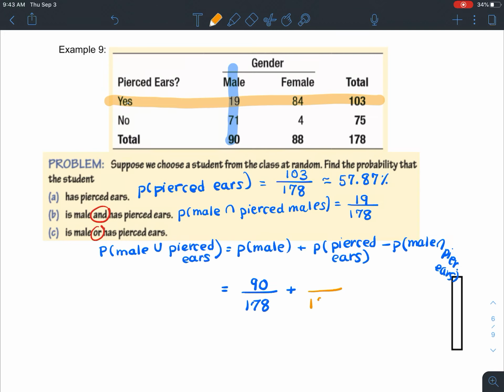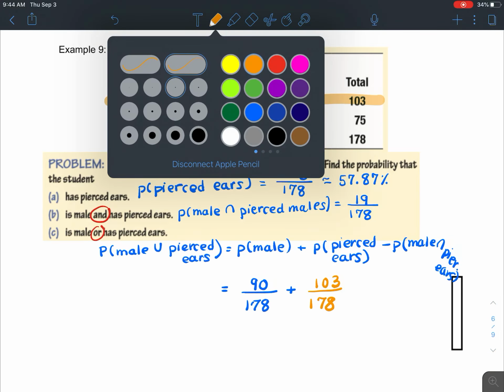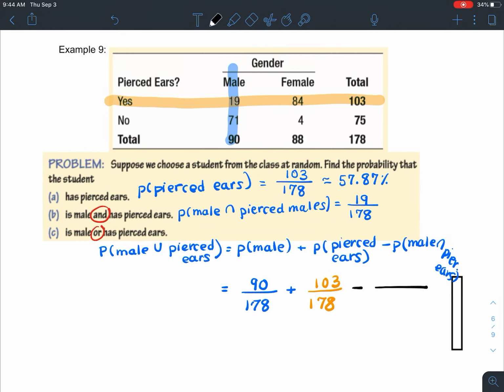Okay, now we want to shift to what is the probability that you were to pick someone at random and they had pierced ears. Well, that's actually what we did up here in part A. Okay, again, still out of the 178, but look, we said those who said yes, pierced ears, that's the 103. Okay, and then from that, we are wanting to subtract the probability that someone is both a male and has pierced ears, which is what our answer was from part B. That was the 19 out of 178.